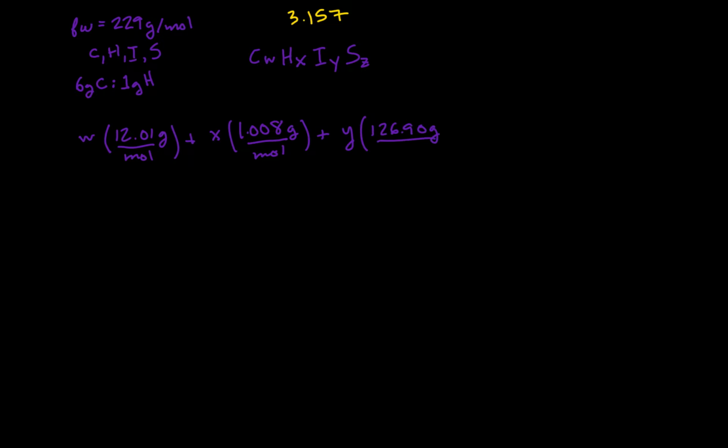That is a big element. Per mole. And last is Z times sulfur, 32.07 grams per mole. And this whole expression is equal to 229 grams per mole.